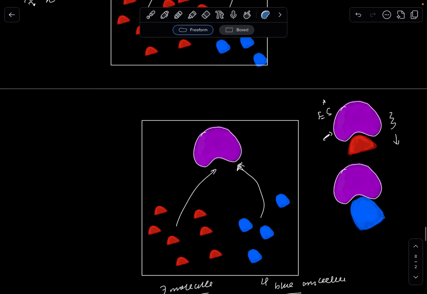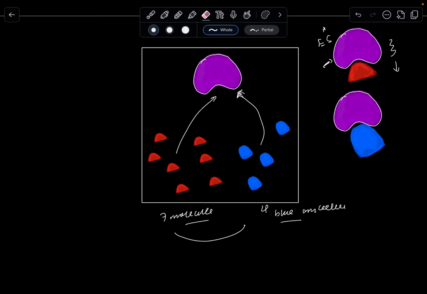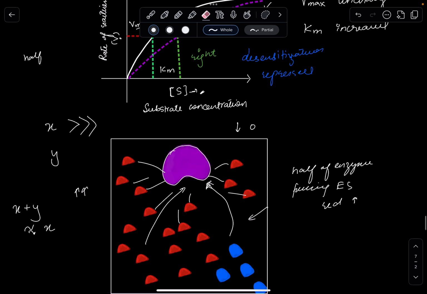But on a smaller scale, when I have similar concentrations, then they're competing for the same active site. So for half of the enzymes to pick up the correct substrate, the concentration will be to the right, because the probability will be decreased. So by increasing the concentration, we can get that desired effect.